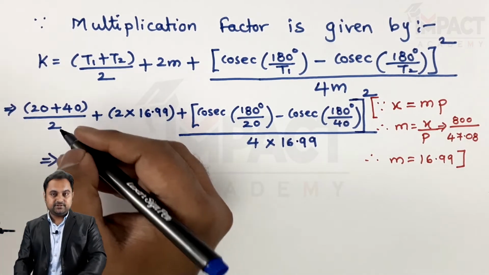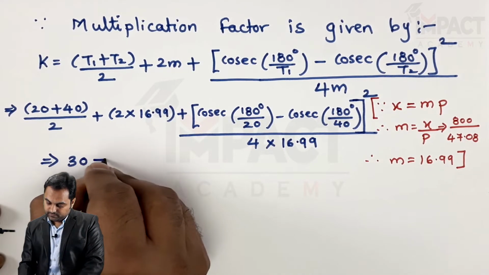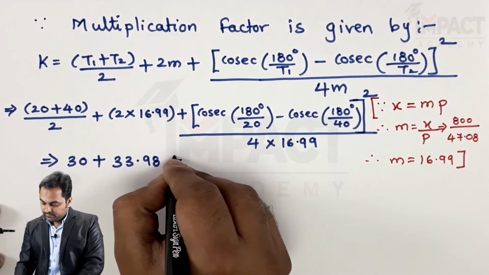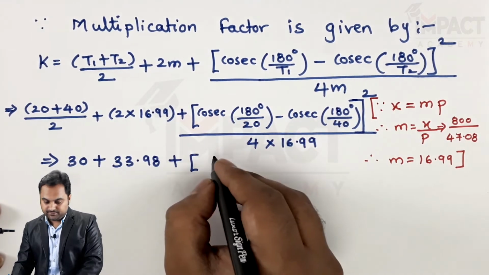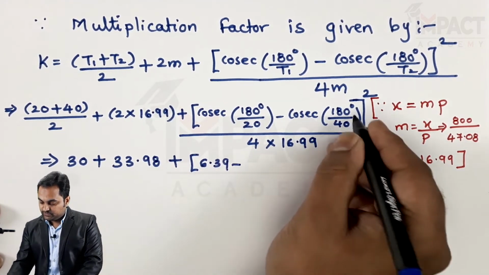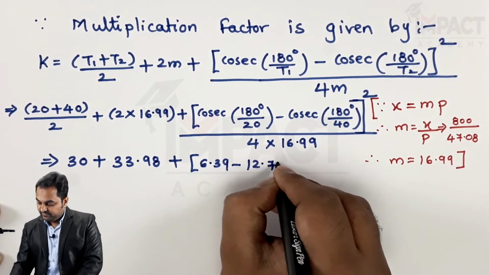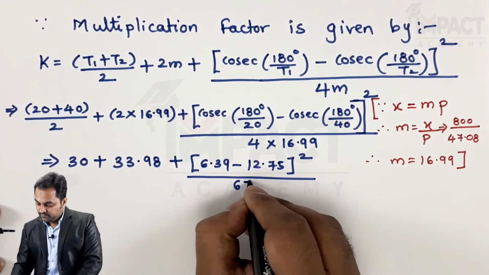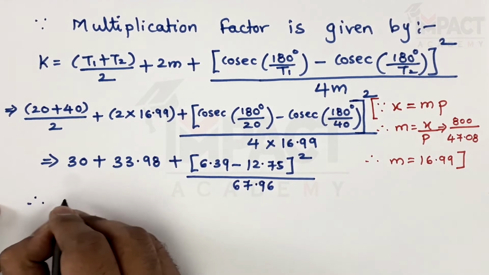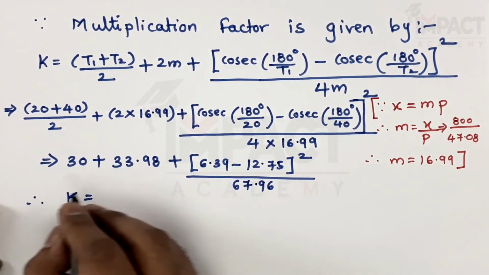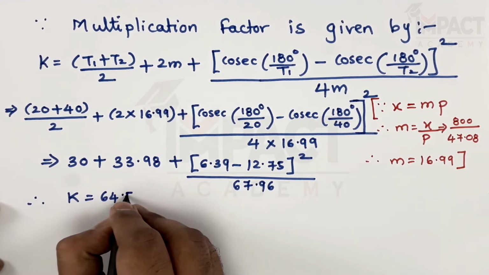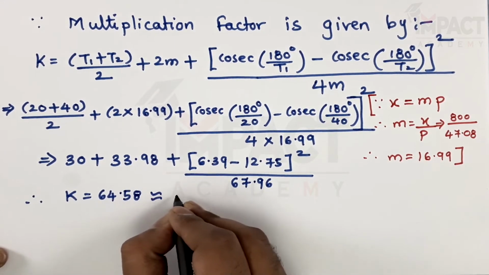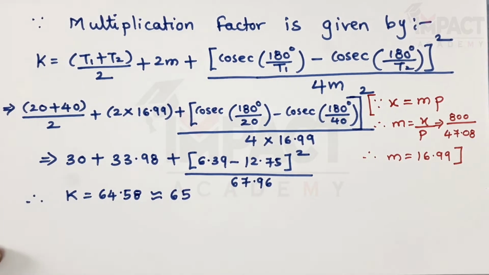So this first term is 30, the second term 33.98, plus into bracket cosec of the first term is 6.39 minus cosec of the second term 12.75, whole square, divided by the denominator, which is 67.96. So on calculating this, I'll be getting the answer of K as 64.58, and this 64.58 can be rounded off to 65, an integer value.